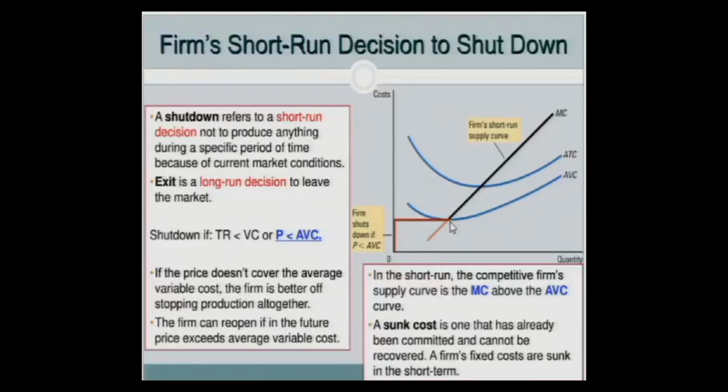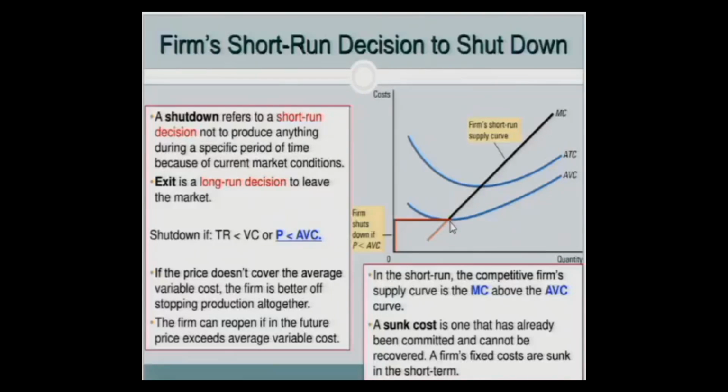So if the variable cost is above the price, there's no point in supplying. But the firm can supply quantities to the market if the price is above the variable cost, but could be below the average total cost. Think of fixed costs. Fixed costs are usually fixed. You'll have to pay them whether you produce or not. If the price is just covering the average variable cost, why not supply?